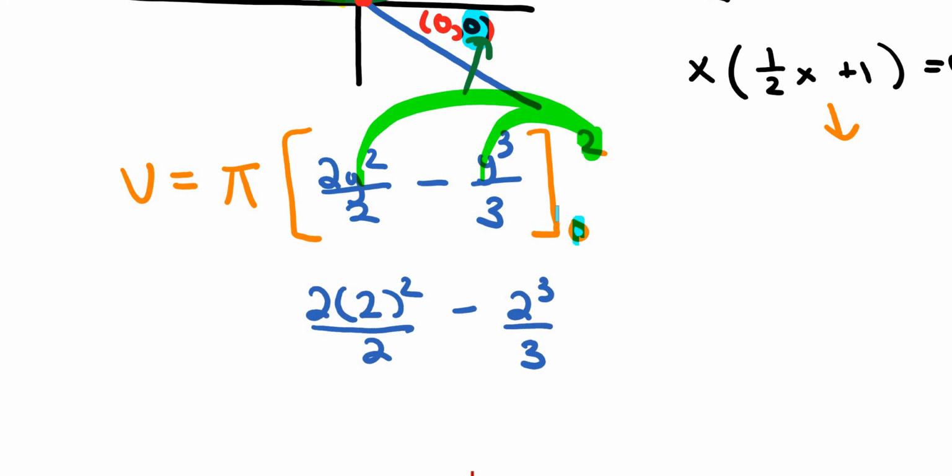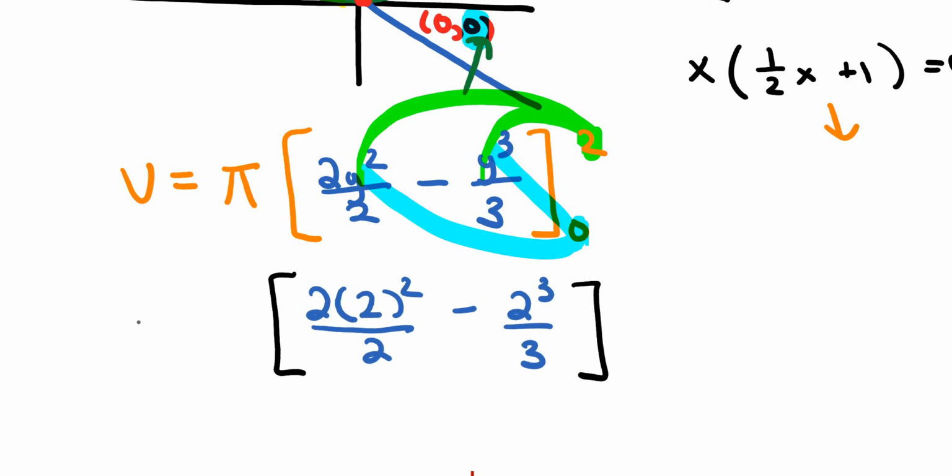And the lower bound of 0 just cancels out all the terms there, so I don't need to worry about that. Put that in a bracket, and then volume equals all that times pi. And if you do the math here and work this all out, I believe you get 4 pi divided by 3 as a final answer there.